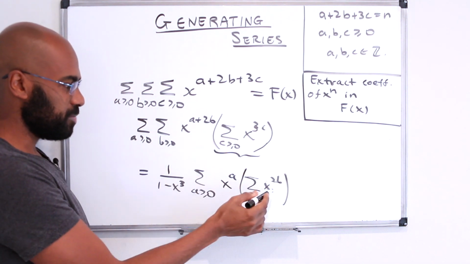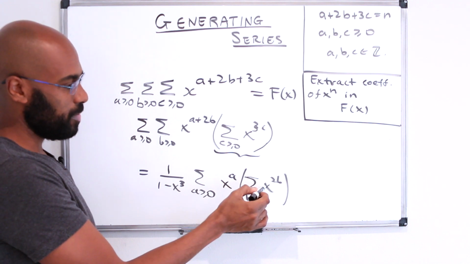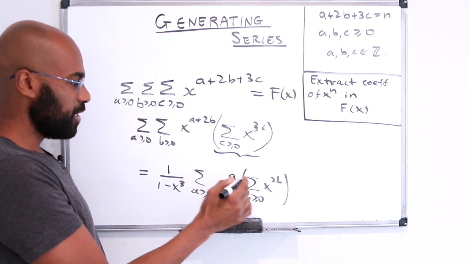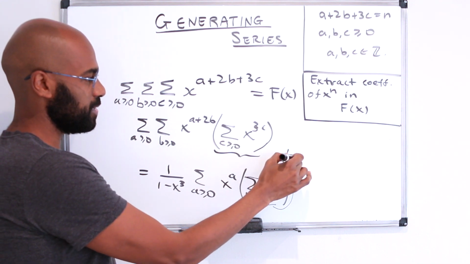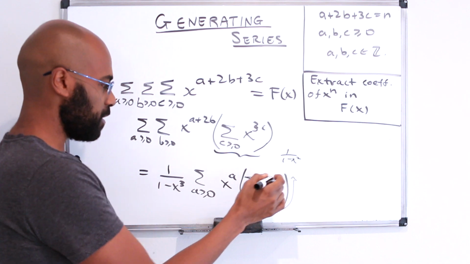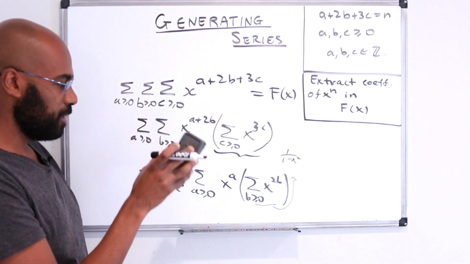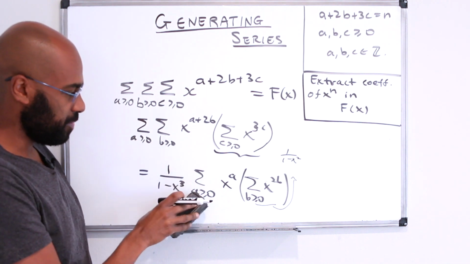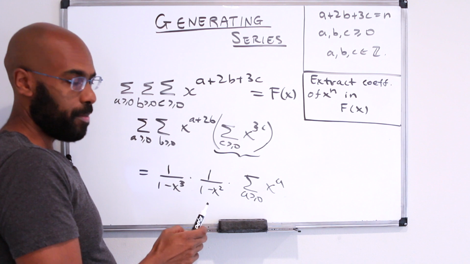This is a sum of x raised to even powers, so this thing here is 1 over 1 minus x squared in compact form. We can then pull this out of the sum that depends on a, and here we have 1 over 1 minus x.